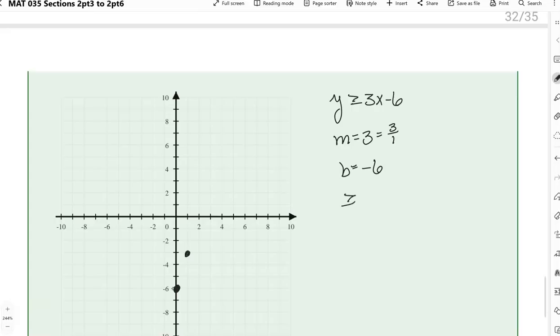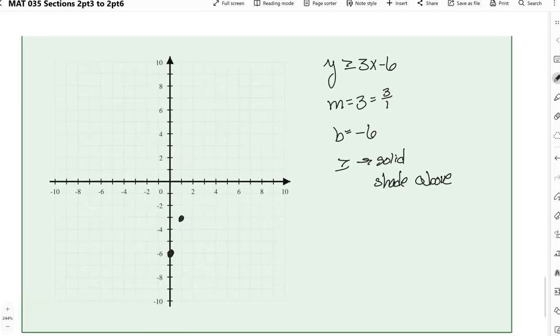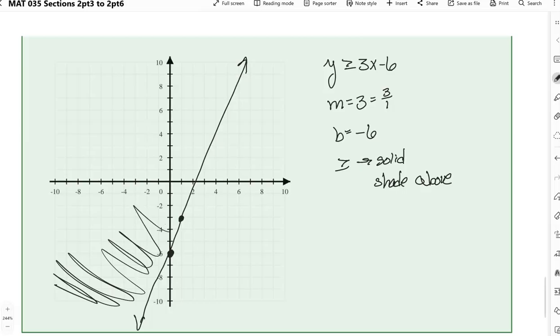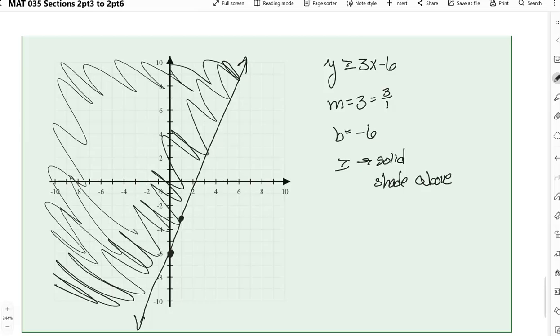Since we have a greater than or equal to, that means we're going to have a solid line, and we're going to shade above. So my solid line is going to look like this, and we're going to shade above that line. So it's going to be this region in here.